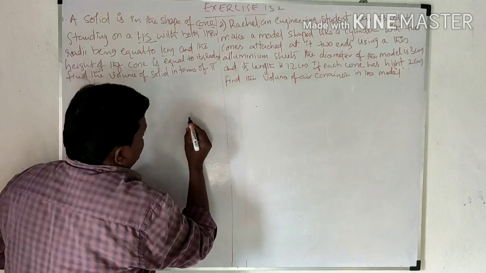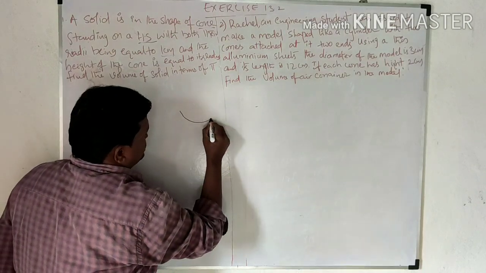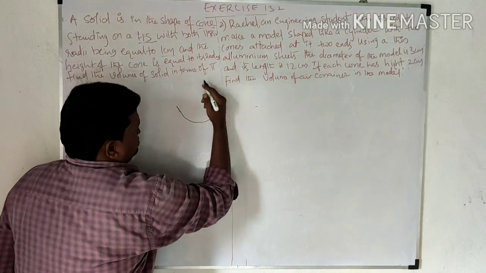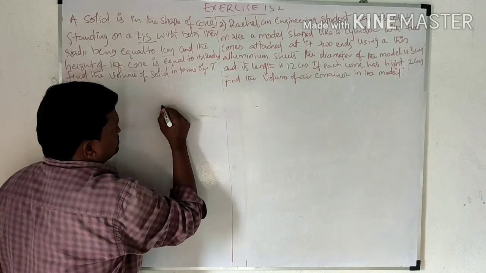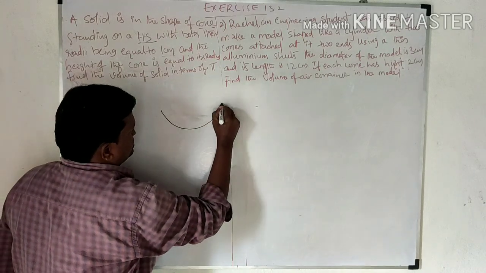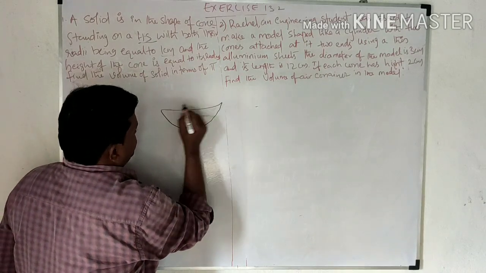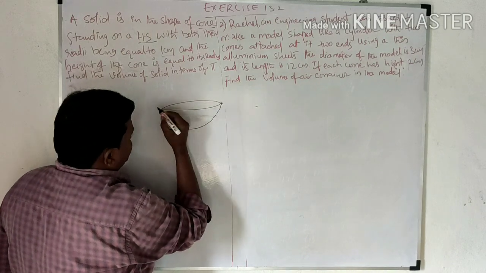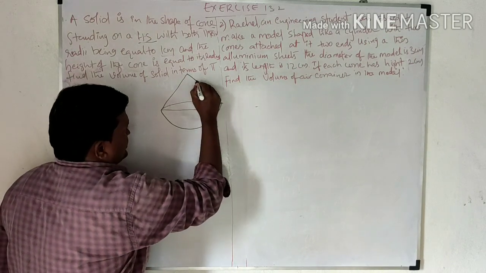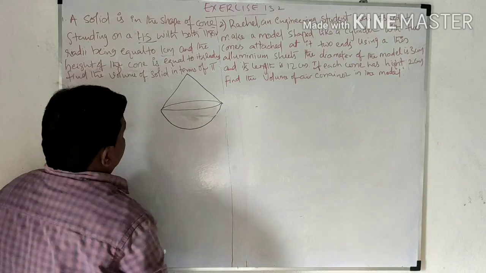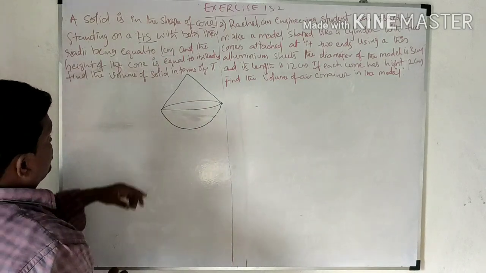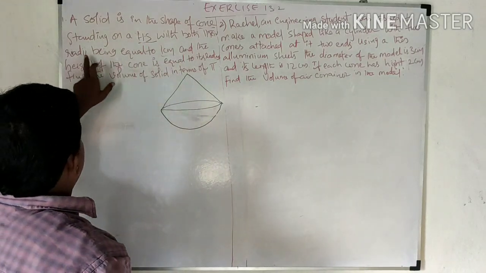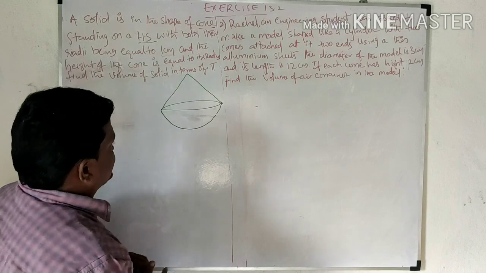So how the figure will be: for example, if it is a hemisphere, on this a cone is standing like this. Now it is given that both their radii are equal to 1 centimeter.